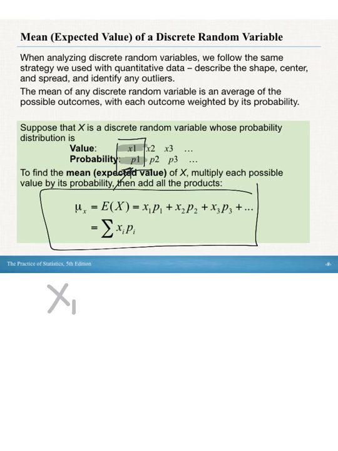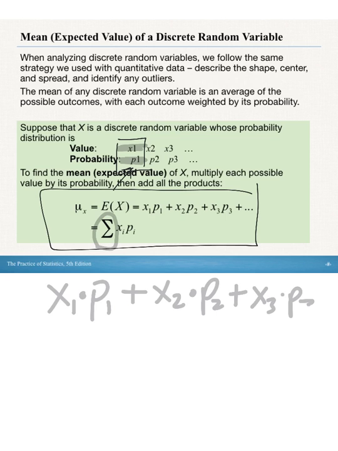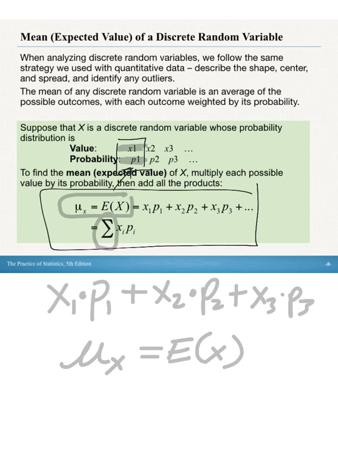So x1 is multiplied by the probability of x1, and then we add it to the second value and its probability, and to the third value and its probability, and then we add it all up, which is what the sigma means. That's just going to give us the average. And since this is a chance process, we're going to talk about the expected value; by the way, the average of X and the expected value of X are synonyms, so either symbolization can be used.